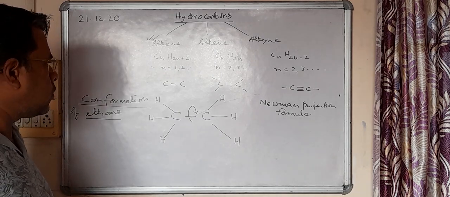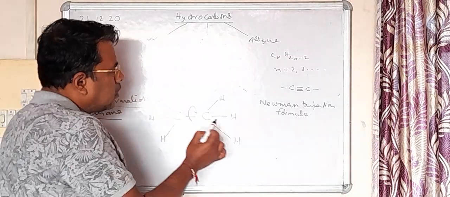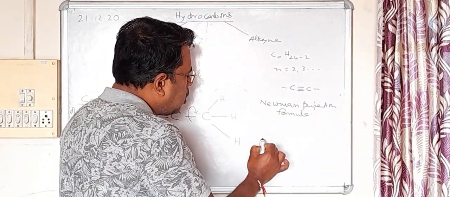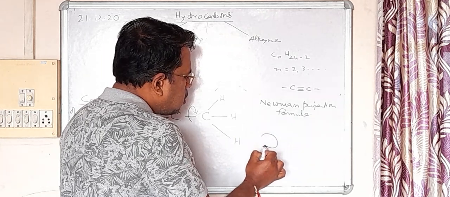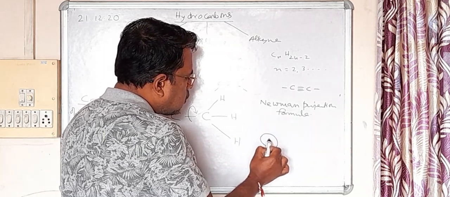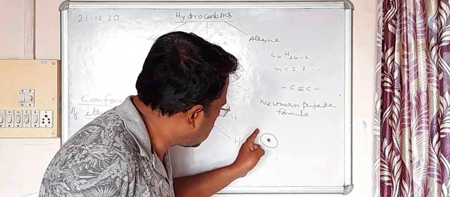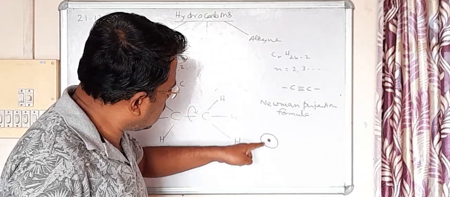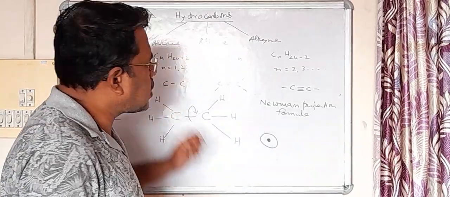How? That I am showing you. Like these two carbon atoms, according to Newman, they represent it like this. This is a circle and there is a dot. Now this dot represents one carbon atom and this circle represents another carbon atom.